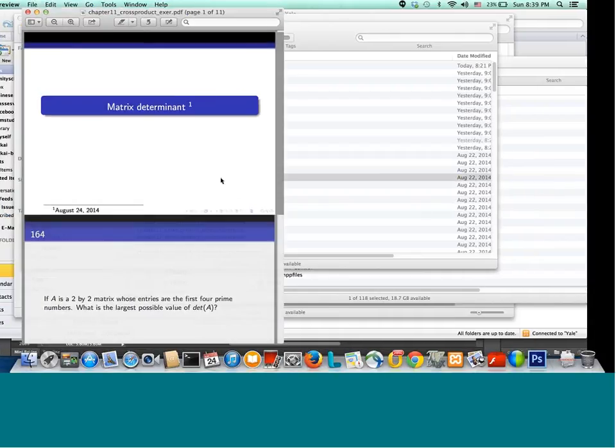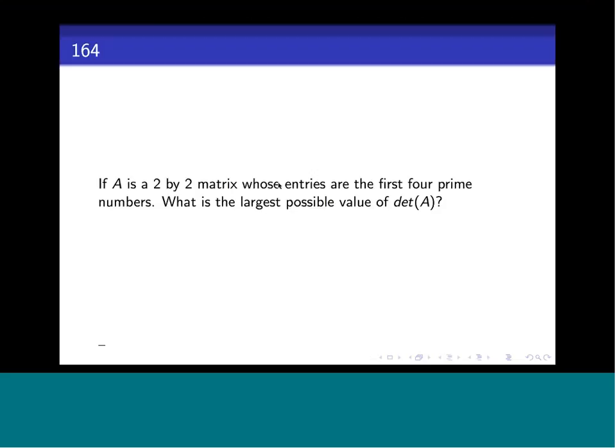All right. Let's start with the matrix a little bit. Who has that? Let's start with William still. 29. Yeah, I got 29. That's what I have.